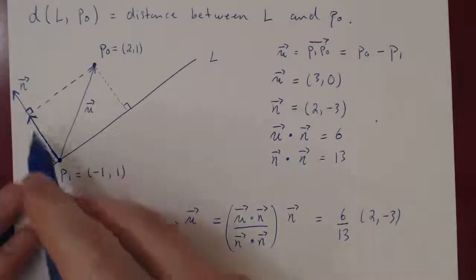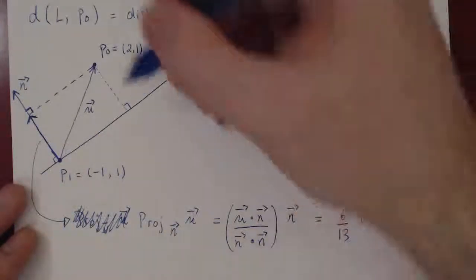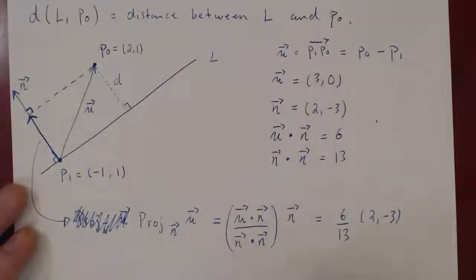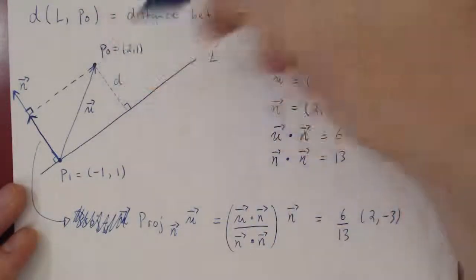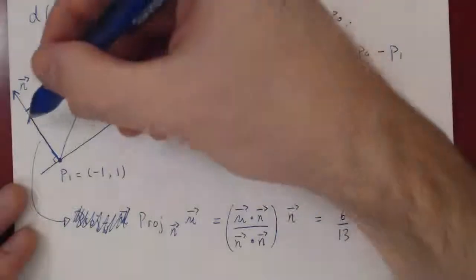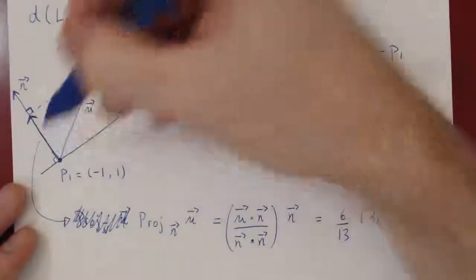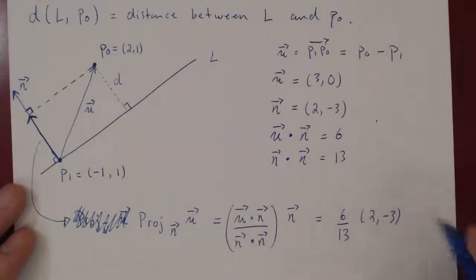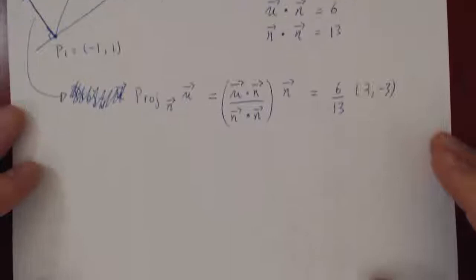And again, from our picture, the distance, so you could call this d, the distance of this line segment, is simply the length of this vector, which is the projection of u onto n. So let's find the norm of this vector, and this will be very easy.